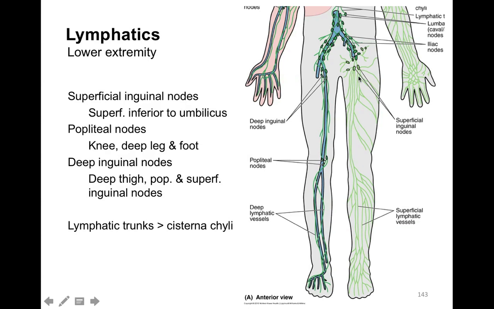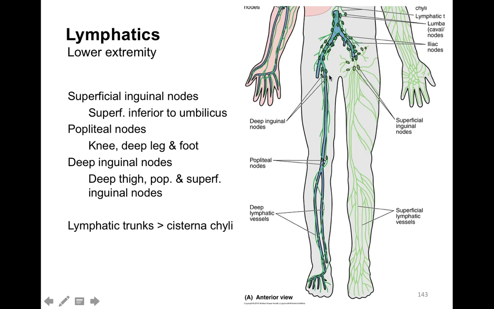So superficial inguinal lymph nodes are involved in draining lymph from superficial nodes inferior to the umbilicus. Okay? So a lot of the superficial lymphatic drainage below the umbilicus will make its way into the superficial inguinal nodes. Popliteal nodes will drain lymph from the knee, deep leg, and the foot.